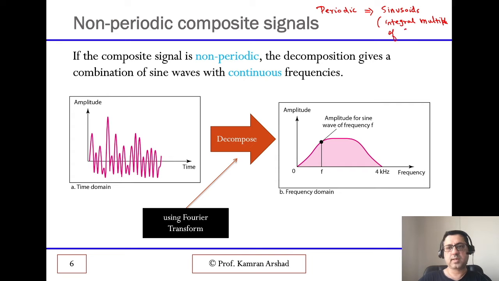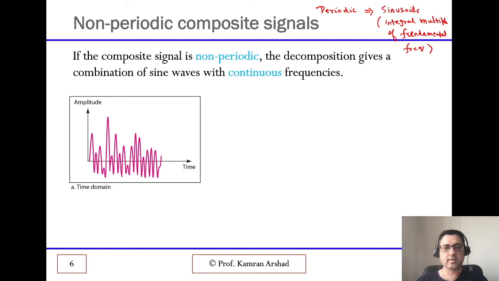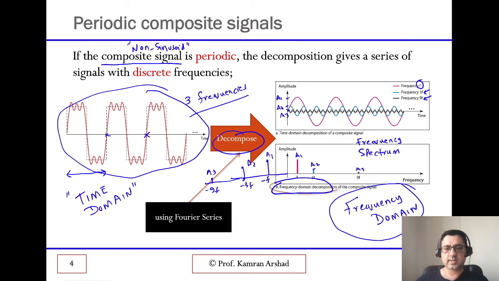So this is my fundamental frequency. This is for the periodic signal. A periodic signal's spectrum looks like this, and this kind of spectrum we call a discrete spectrum.